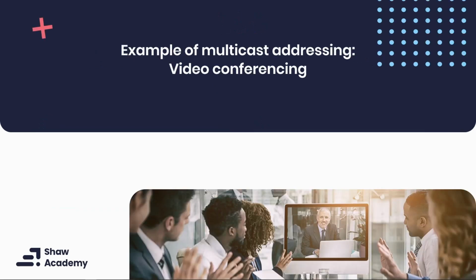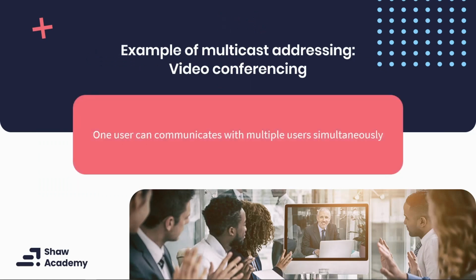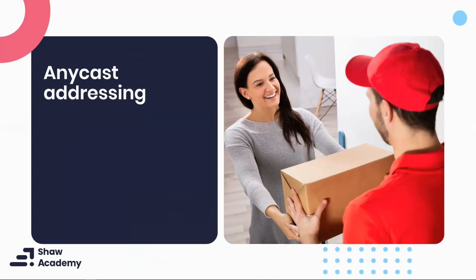Another good example of multicast addressing is conference calls, where one user can communicate with multiple users simultaneously over the internet using applications like Zoom and Skype. Anycast addressing is similar to multicast addressing, but in this case, packets will be delivered to only one random host in the whole network.